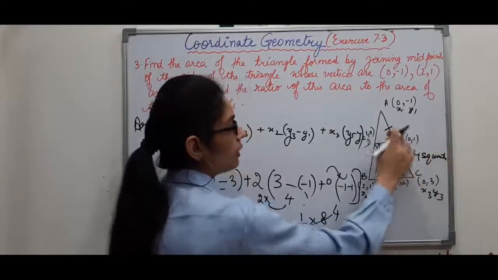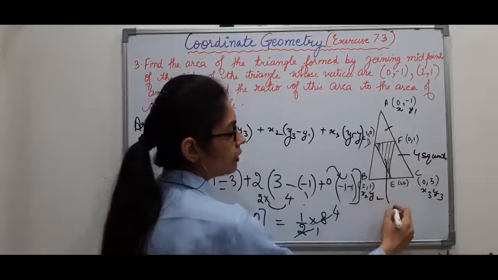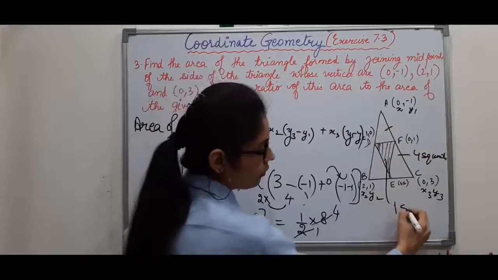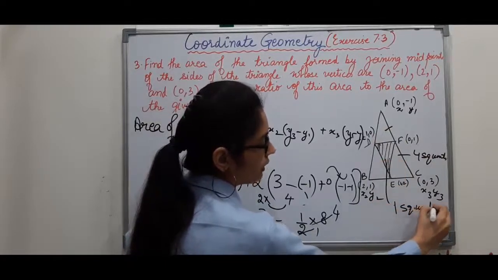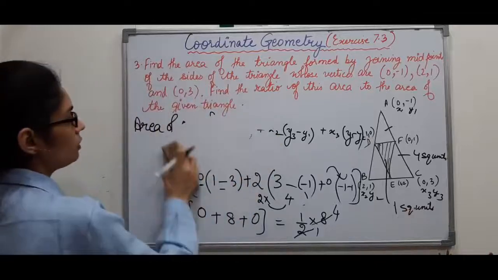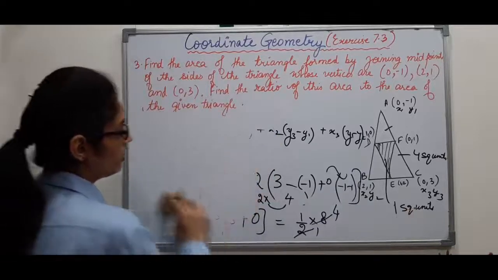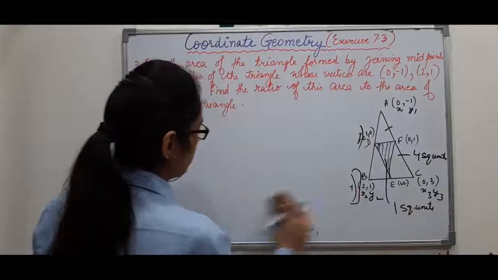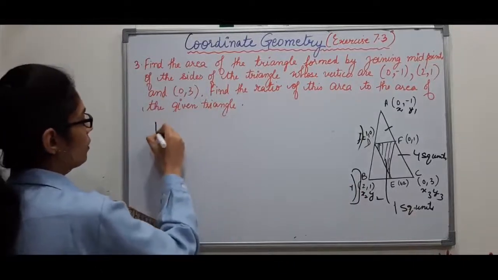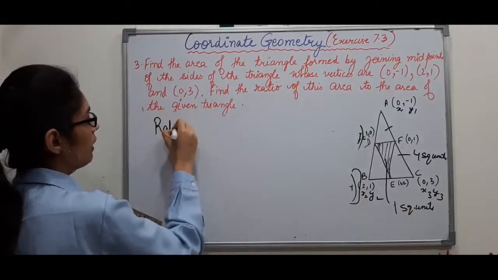The area of the smaller triangle we have already found, which is 1 square unit. So let's find the ratio now. The ratio of both the triangles you can write directly in this way.